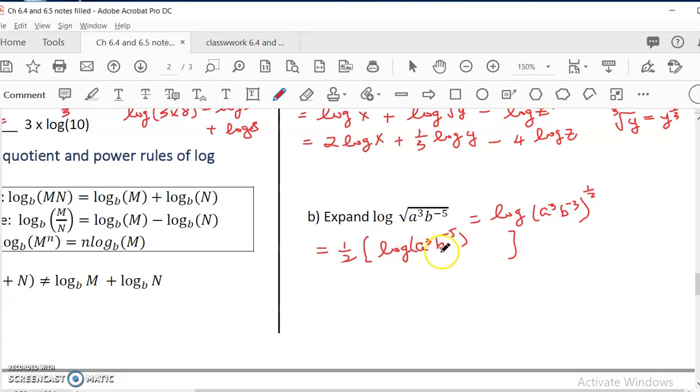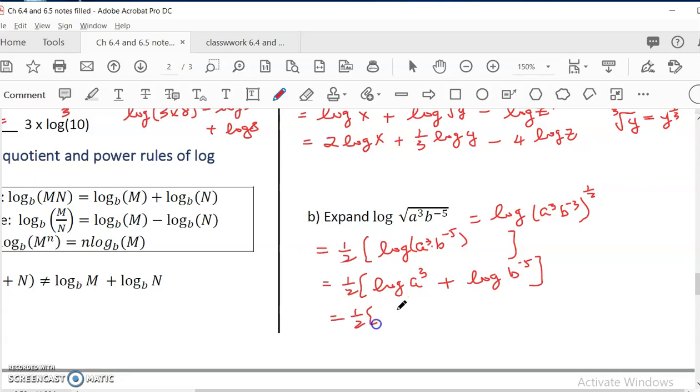Now you can look at inside. This is a multiplication. So you don't take care of the 3 and negative 5 exponents first. Don't move them out, but take care of the multiplying first. This is very confusing. So it's log a cubed, and since this is multiplying, you can do it as add, log b to the negative 5. Now you have one exponent, you can move it, but you don't move it all the way out. You move it as the coefficient of that log.